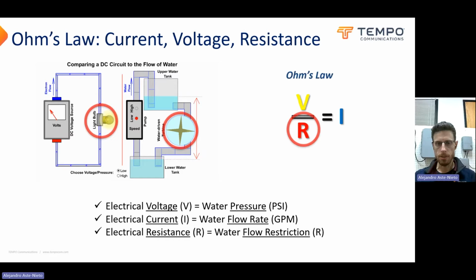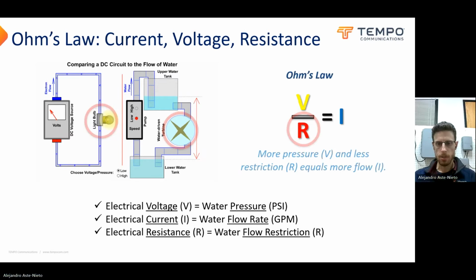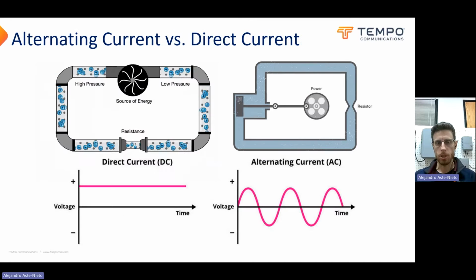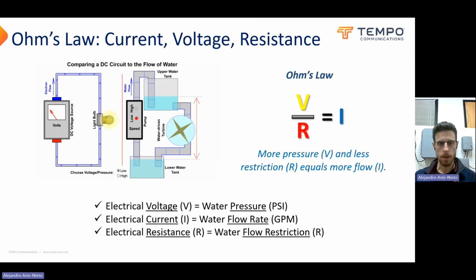So in terms of how these are related, you can probably guess, but Ohm's law here puts it in a mathematical equation for us. So Ohm's law: voltage divided by resistance equals current. And not only is that telling us, more pressure equals more flow, more current, and less restriction equals more current, more flow.